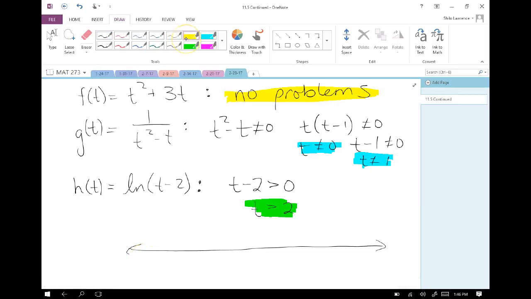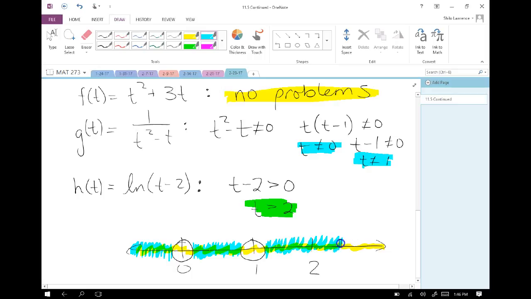All right, so f of t has no problems. We can use everything. G of t, we've got to throw out 0 and 1. But we can be everything less than 0. We can be everything in between 0 and 1. And we can be everything bigger than 1, according to g of t.